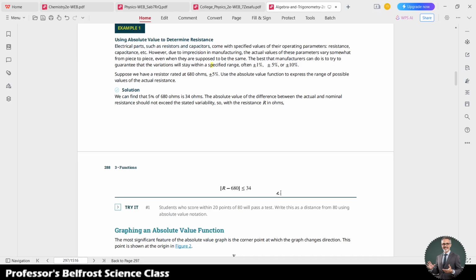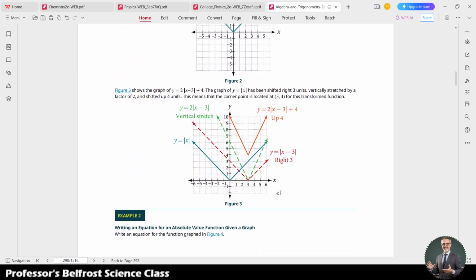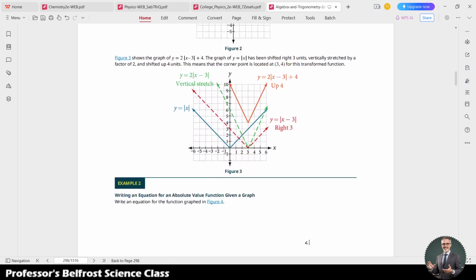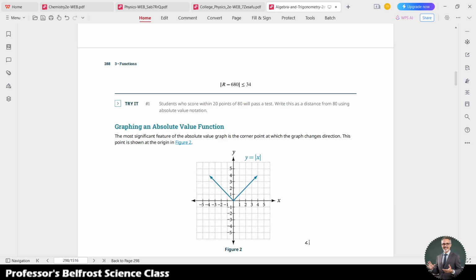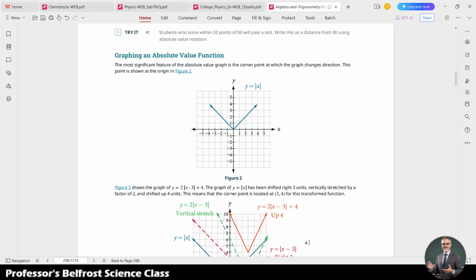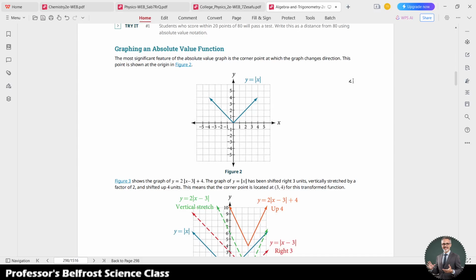So graphing an absolute value function. Okay, so writing an equation for an absolute value function given a graph. Oh, I skipped this. I'm sorry. For example, we have y equals absolute x, figure like this.